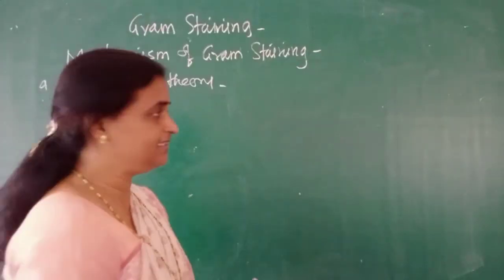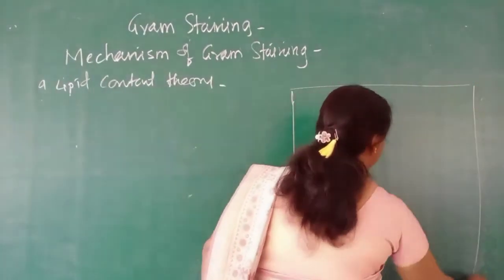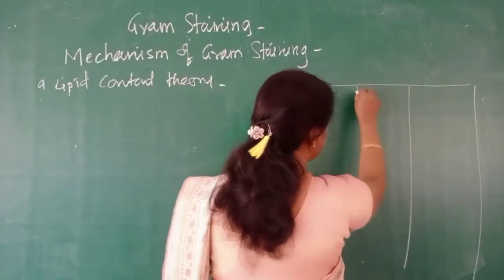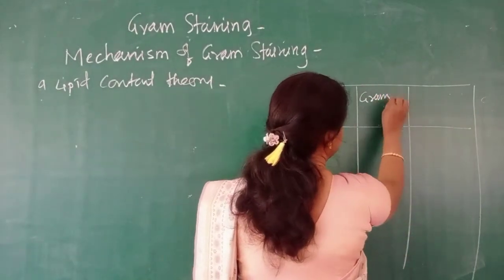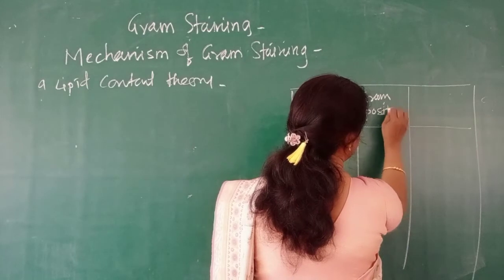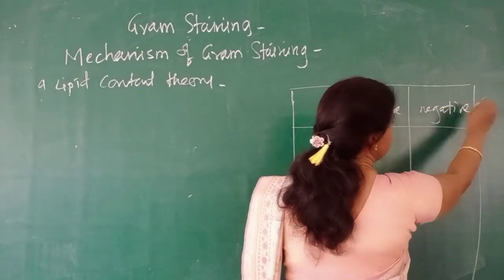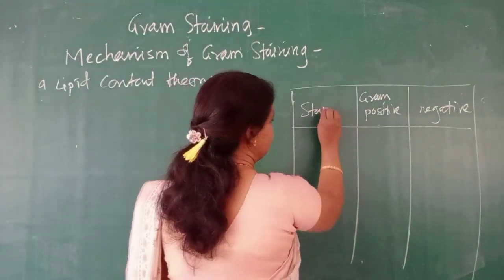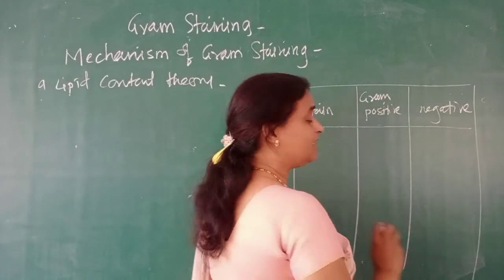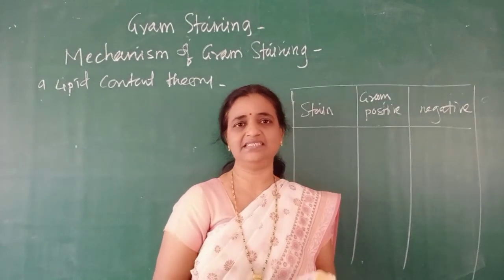Lipid content theory. Now what happens when you are provided with a culture having both types of bacteria? Suppose the bacterial suspension consists of both gram positive bacteria and gram negative bacteria. How are they differentiated during the staining? Here I will write the stain. These gram positive and gram negative bacteria are different in their cell wall composition.